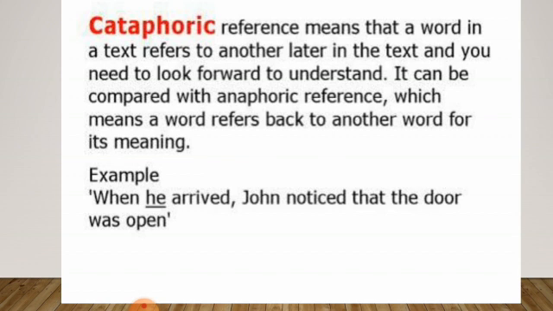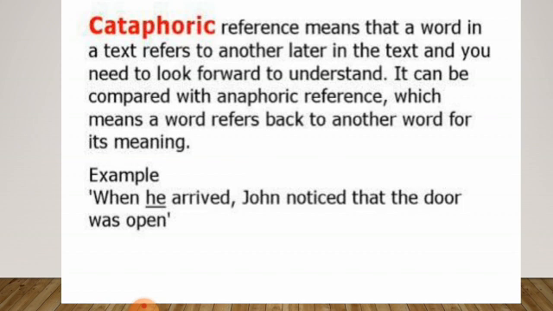When he arrived. Now I don't know about whom you are talking. When he arrived, John noticed that the door, means John. John is the pronoun antecedent, but it is a cataphoric reference. It refers forward or it refers later.